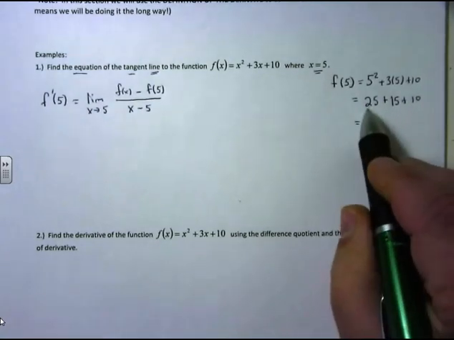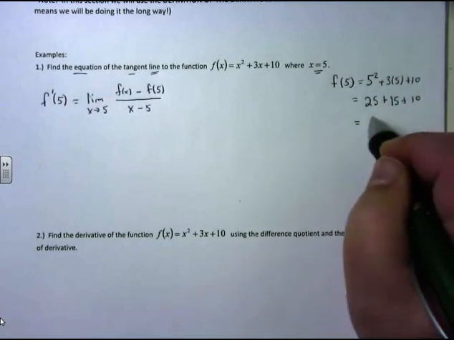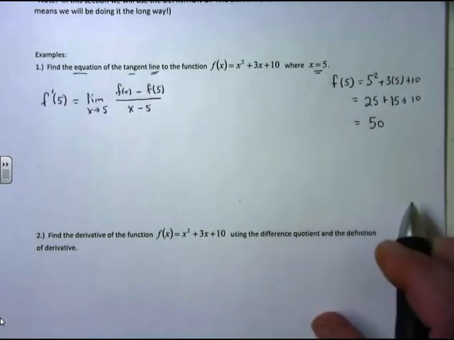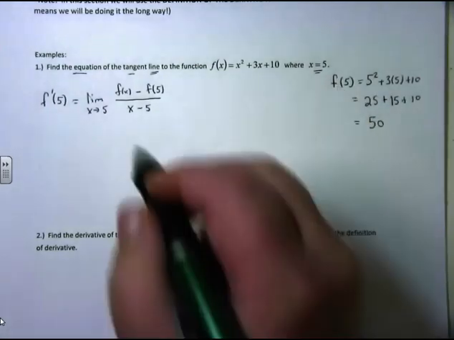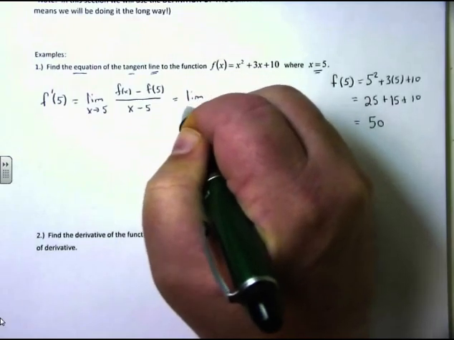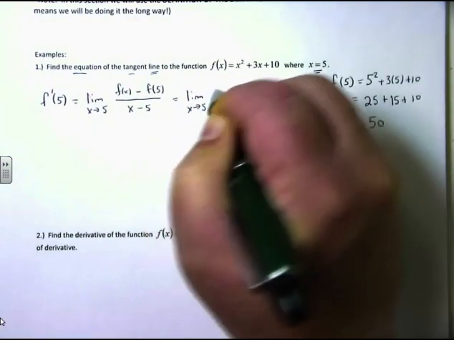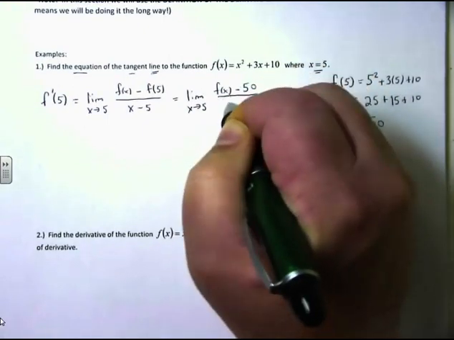Let's see here, 25 plus 15 is 40 plus 10 is 50. So I have f of 5 equals 50. So what we have here is this would be equal to the limit as x approaches 5 of f of x minus 50 over x minus 5.